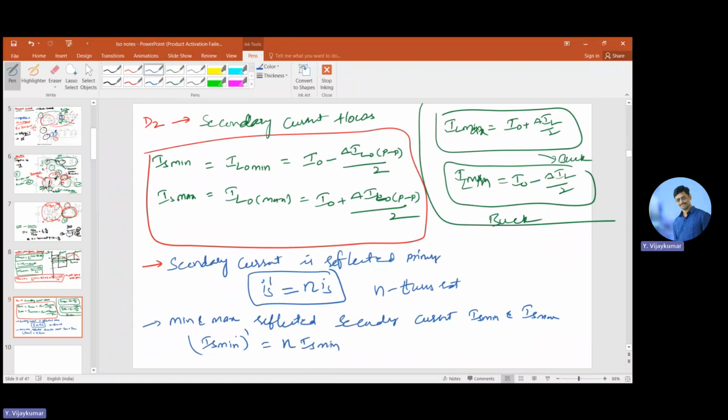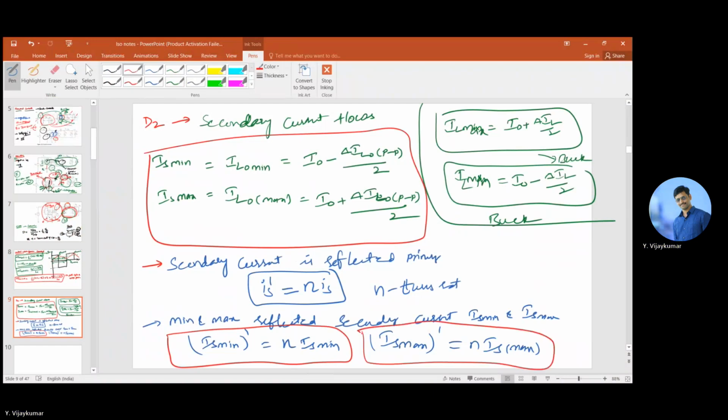IS max dash is equal to N times IS max. You just have to multiply with the turns ratio of the transformer. So this is about the secondary currents, minimum and maximum, and the reflected secondary currents, minimum and maximum.